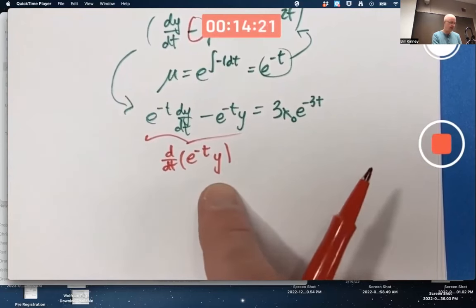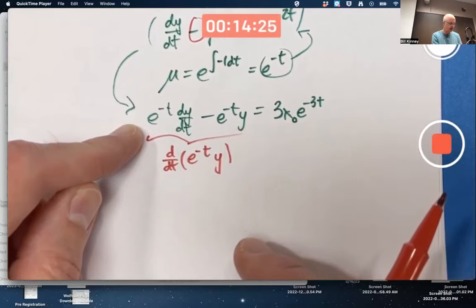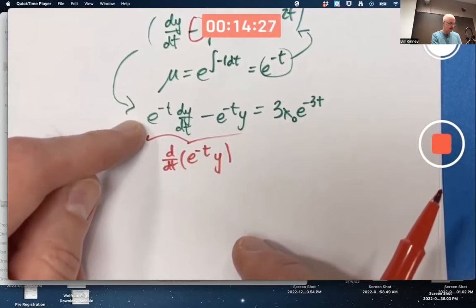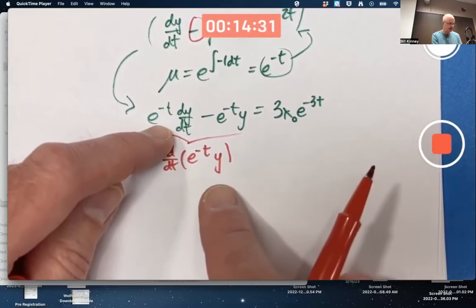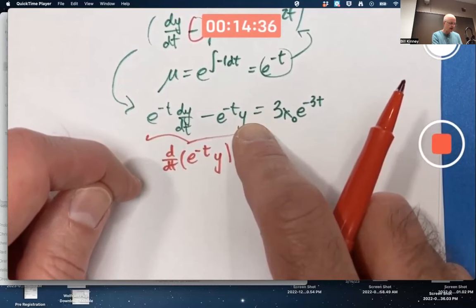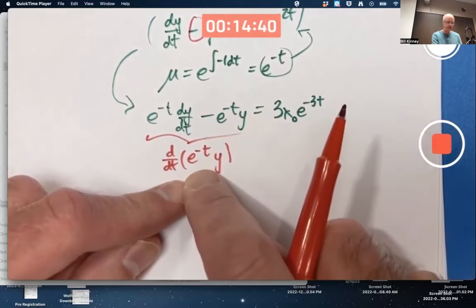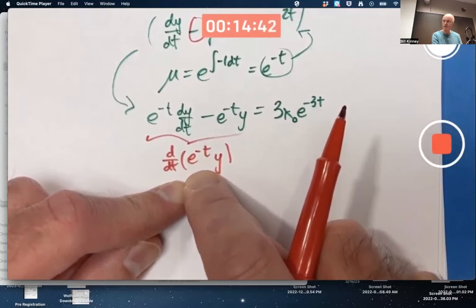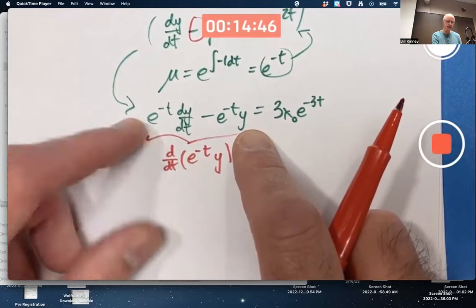And if you double check that this derivative equals this, you'd have to use the product rule. You'll see it works. There's e to the -t, the left function, times dy dt, the derivative of the right function, plus the right function y times negative e to the -t, the derivative of the left function. This is the product rule that will go from here to here, remembering that y is a function of t.